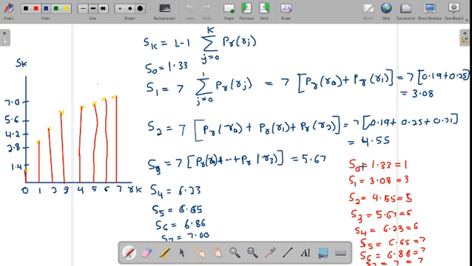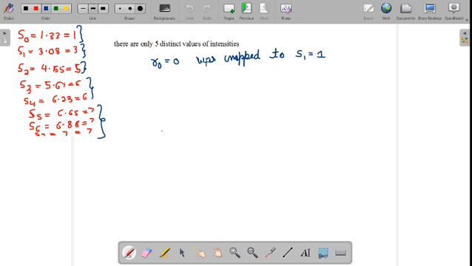Hello? Yes, sir. Okay, 0 is mapped to S1, which is equal to 1. So how many pixels were there?